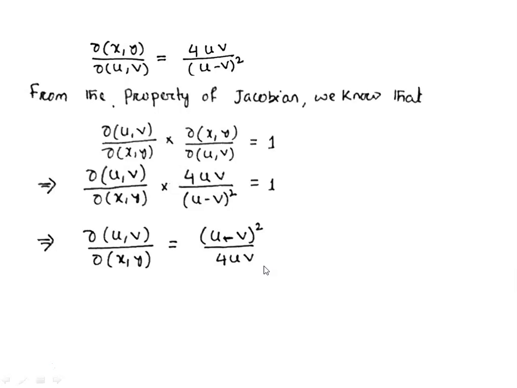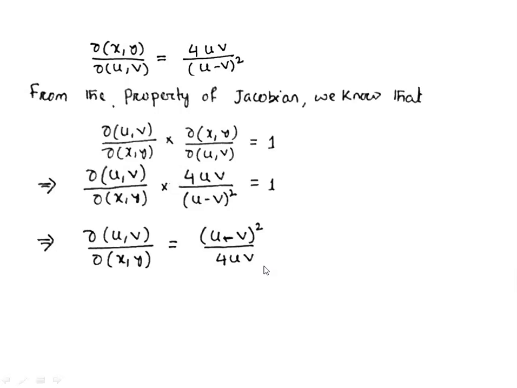So in this example, we observed that if there is a question that x and y are functions of two variables u and v, and we have to find out Jacobian of uv with respect to x and y, then the first property of Jacobian can be utilized.